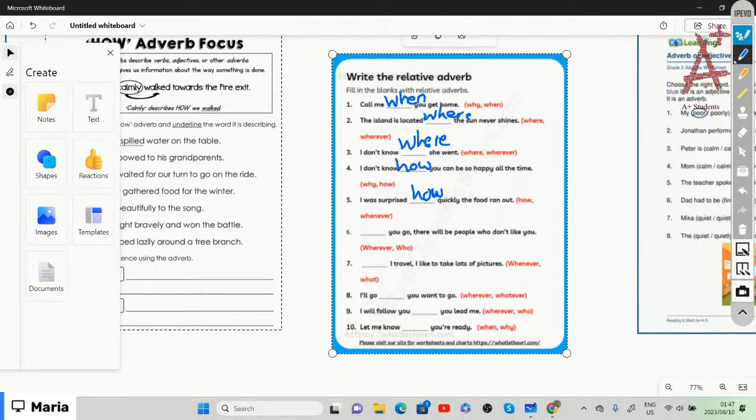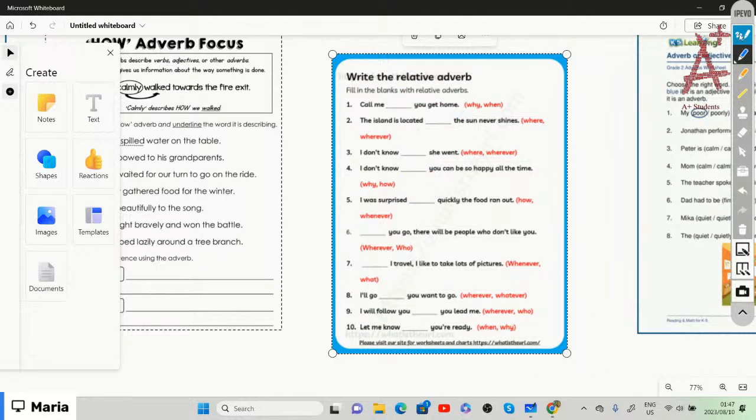So, of course, wherever you go, there will always be people that don't like you, right? And then the last one is whenever I travel, I like to take lots of pictures, or what I travel. So we can say wherever I travel, I like to take lots of pictures.